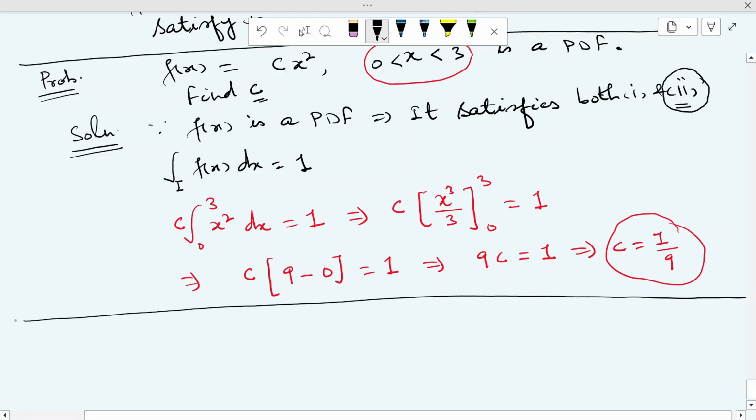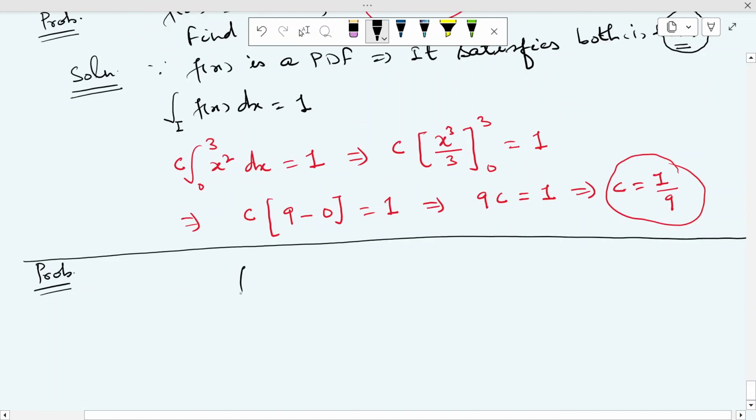So let us discuss one more problem of the second type. Here we are given another function, or you can say another PDF, and we have to find out the unknown involved in the definition of this PDF.